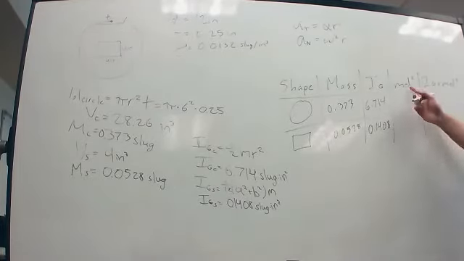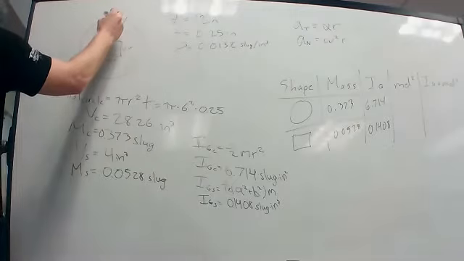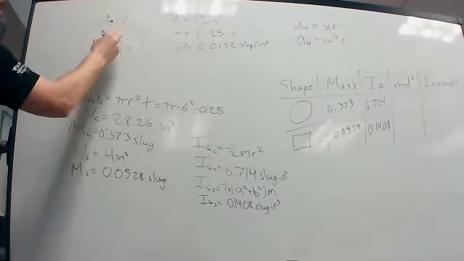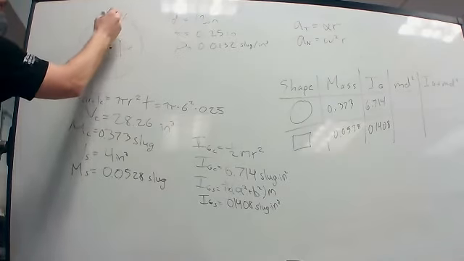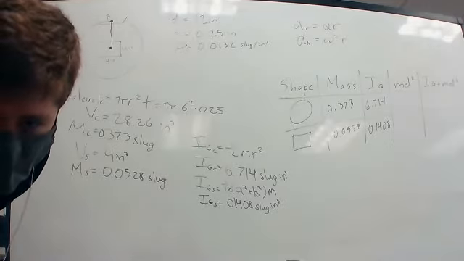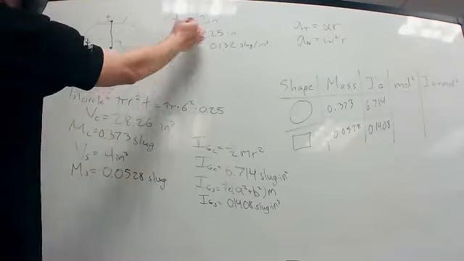We then need MD squared, where D is going to be the distance from the point where the axis that it's rotating about moves through the page to the center. So for both of them, the value is 6 because the diameter of the whole circle is 12.